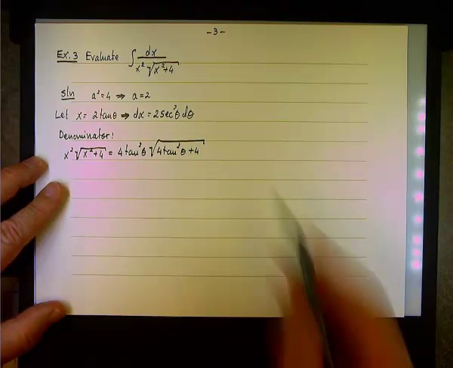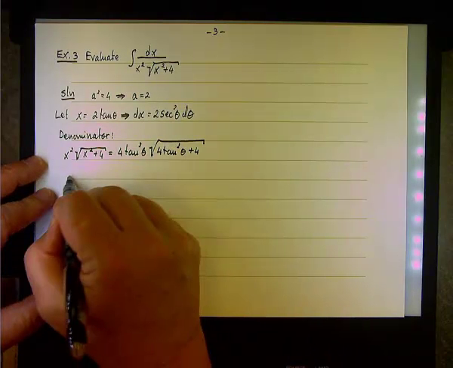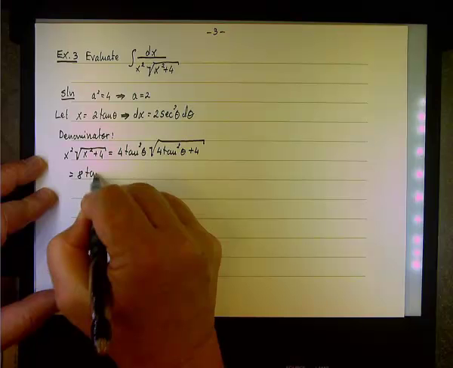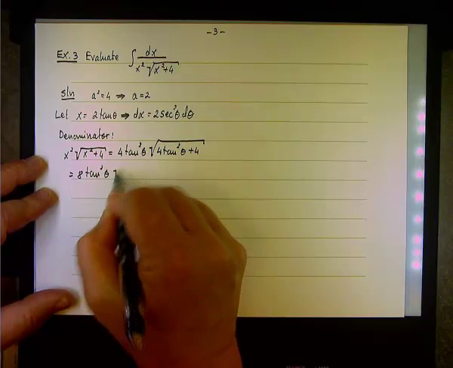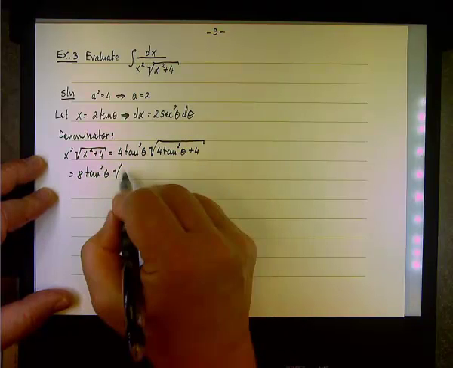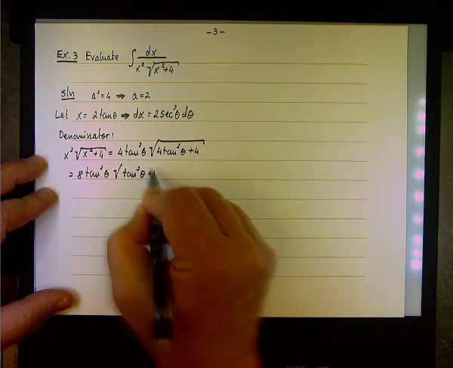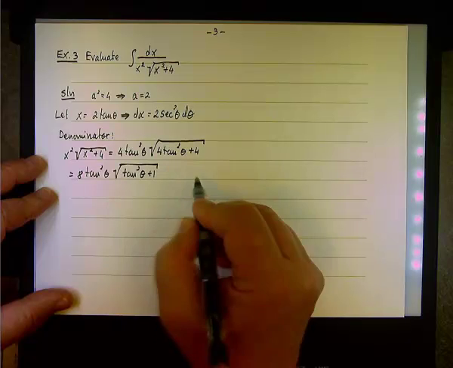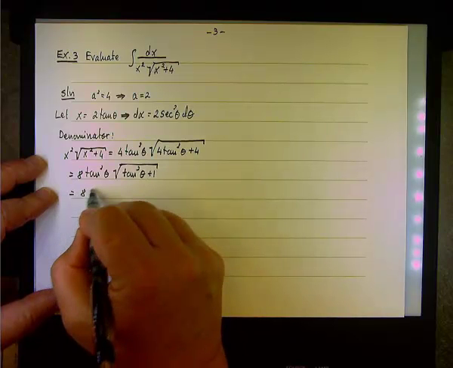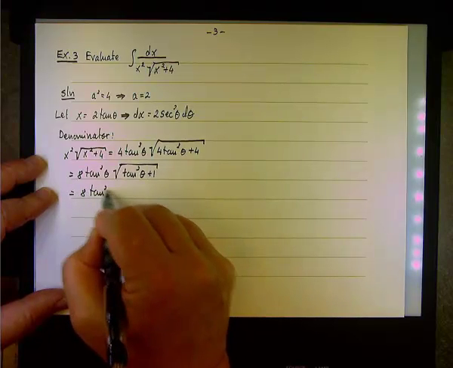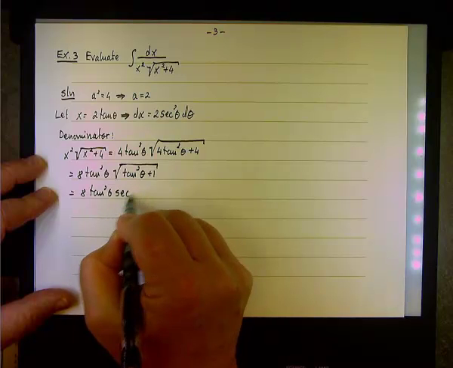The square root of 4 is 2, which we're going to factor out, and we'll have 8 tangent squared of theta, and what's left after factoring the 4 is tangent squared plus 1, which is secant squared. So we are looking at 8 times tangent squared of theta times secant theta.